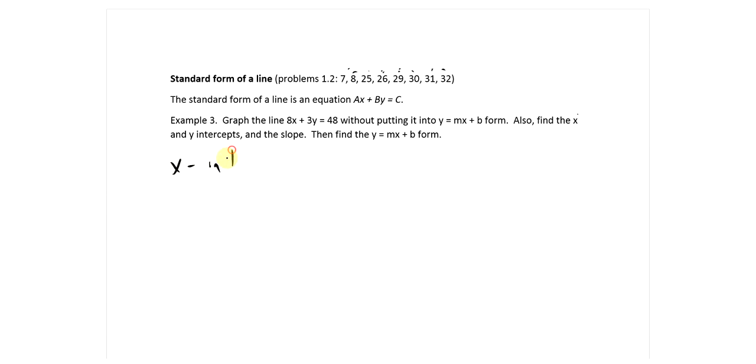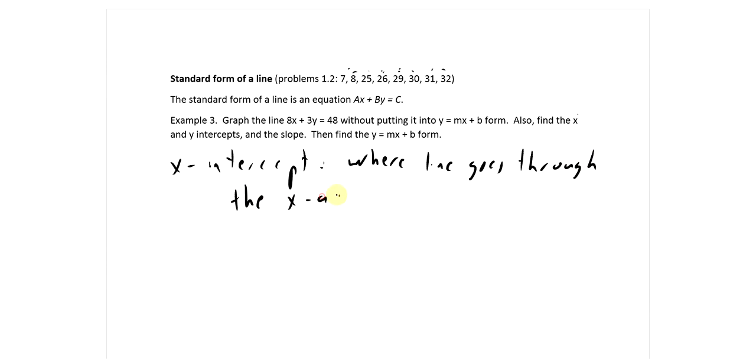So what's the x-intercept? It's the point where the line goes through the x-axis. And what does it mean to be on the x-axis? That means you have 0 as your y-coordinate.